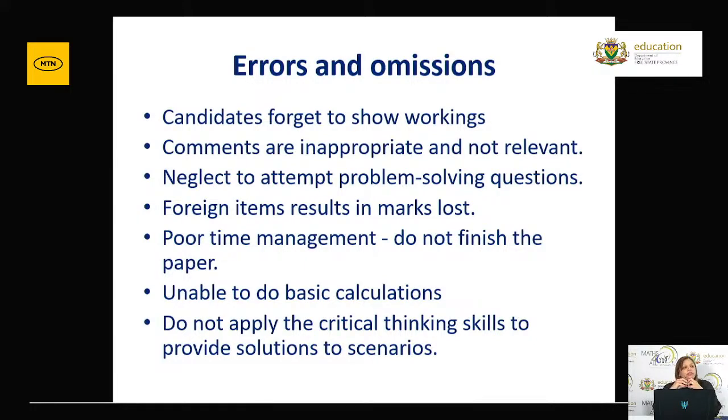But I like to put a timer, and when my time is up for 2 minutes, I expect you to be done with the calculation. And often I find that you are not done because it takes you long to figure out what it is that you need and what you have to do. Now, that's what you do in class. But when you're in the exam room, you can't take that long to figure out what you need.